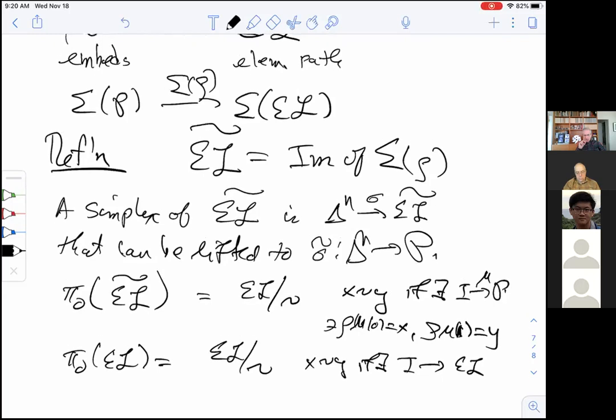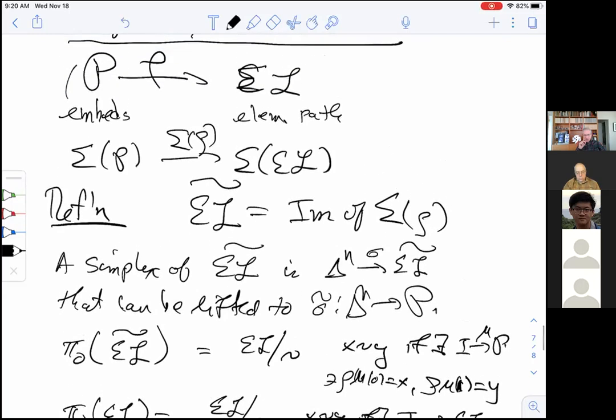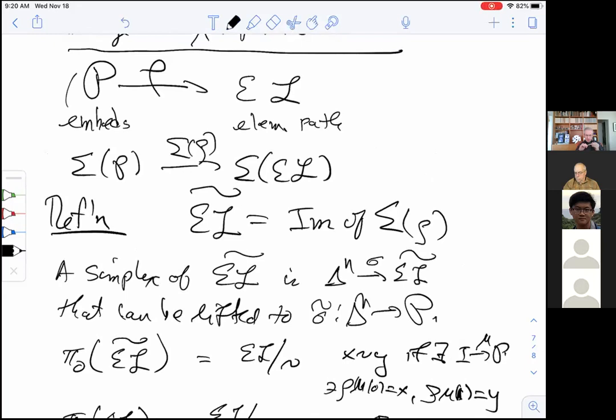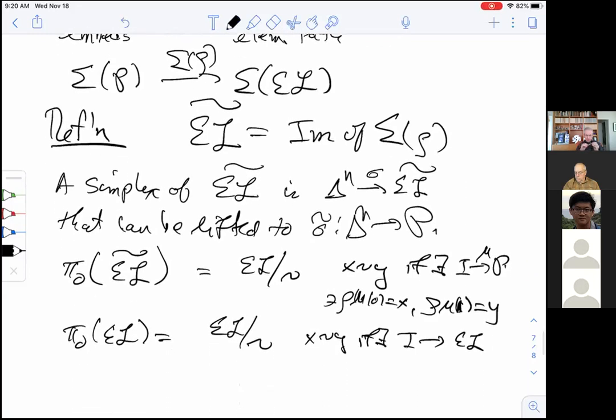If this were a reasonable map, for example, if it has local cross sections, then these notions would be the same. But in fact, this map turns out not to be so reasonable. It doesn't have local cross sections, and these are different notions, and we have to work with this one.